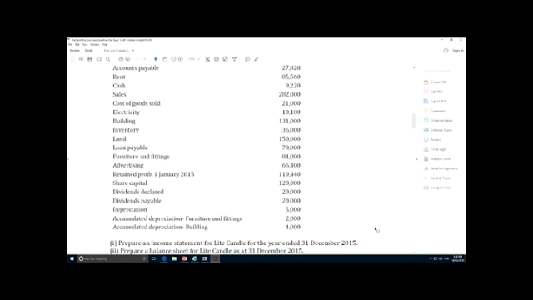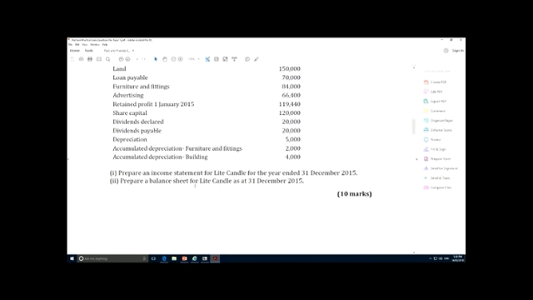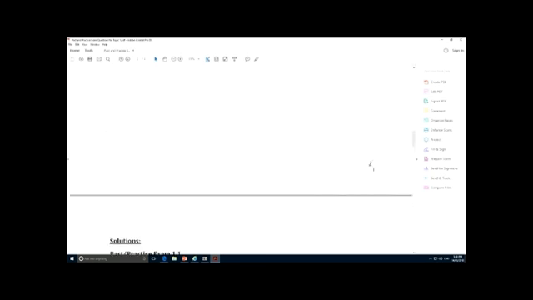Okay, so that gives you a good heads up. So I want you to do that one and do your calculations of the income statement and the balance sheet. And that one says it's worth 10 marks, so that would be around 12 minutes you would have for that.